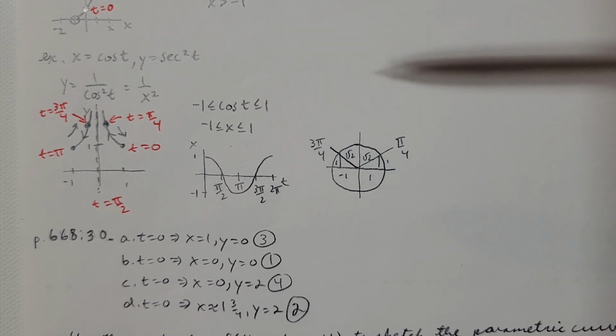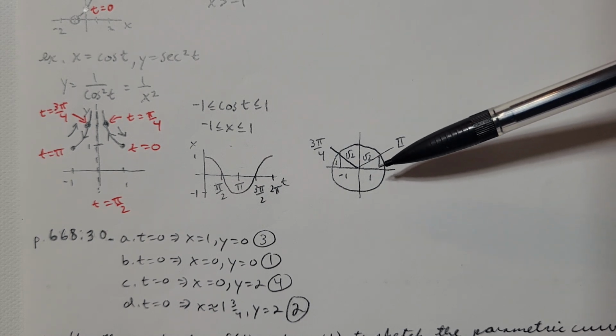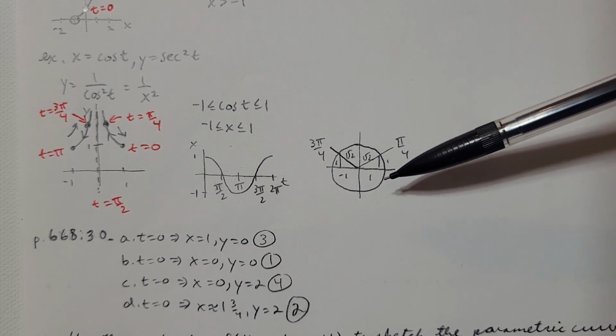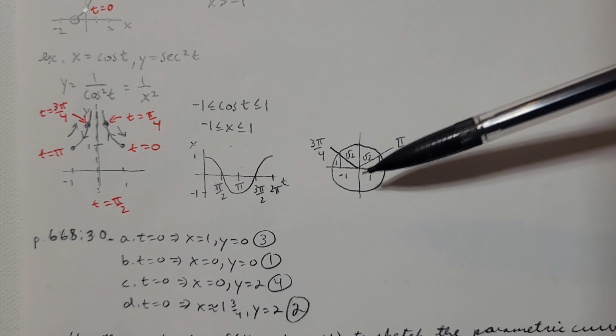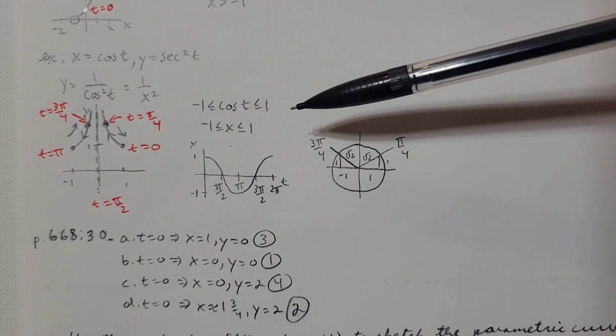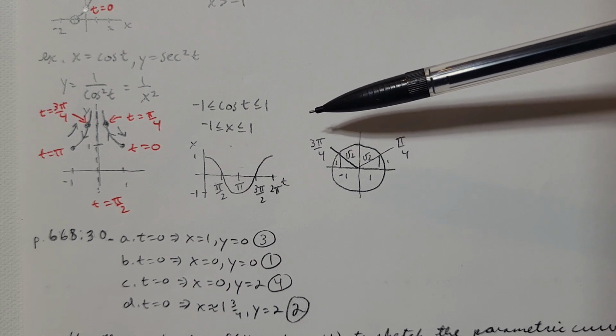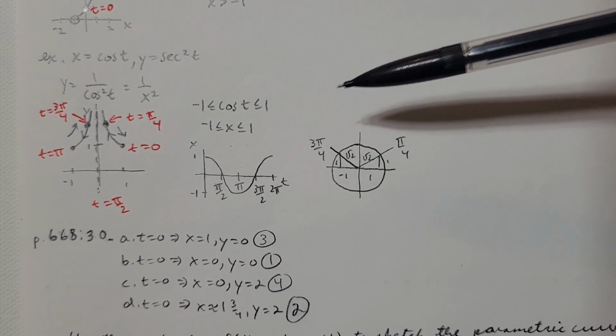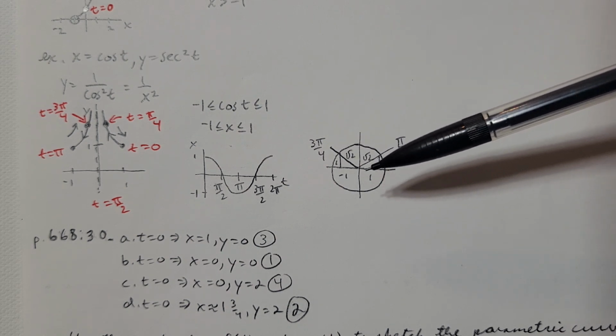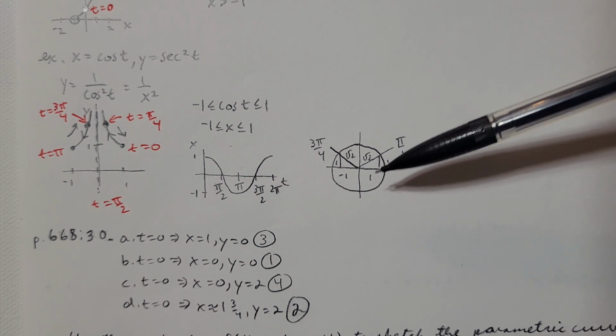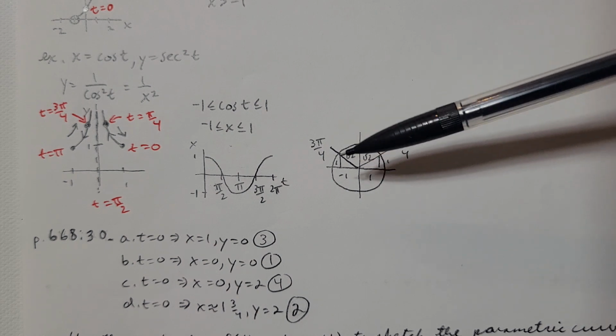And then if t is pi over 4, then y is 1 divided by cosine squared pi over 4. Well, cosine pi over 4 is 1 over root 2, adjacent over hypotenuse, right? And I'm squaring that, so that'd be 1/2 in the denominator. So I got 1 divided by 1/2. I already squared out 1 over root 2, so 1 over 1/2.